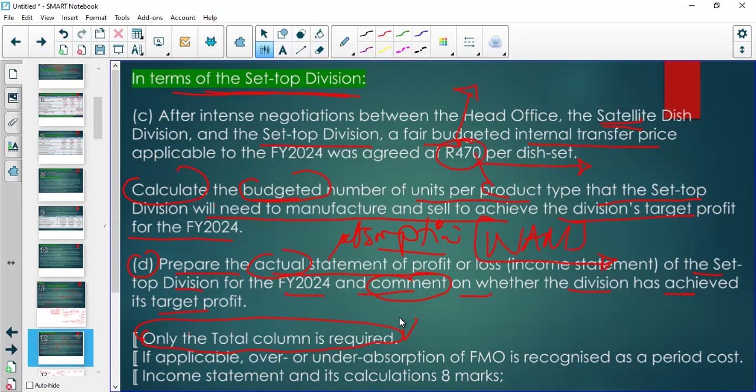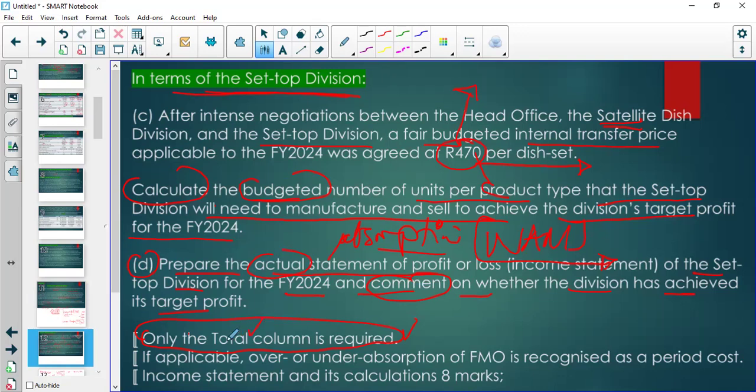You have to do calculations for the two products separately, and then you combine them. Right, I'll show you what I'm talking about here, because this is very important.